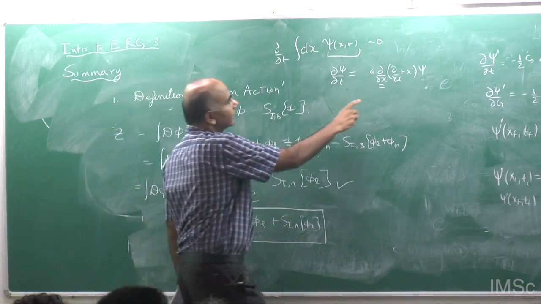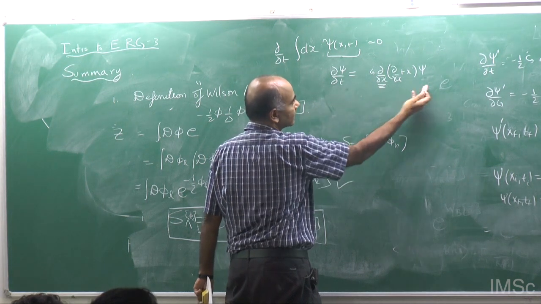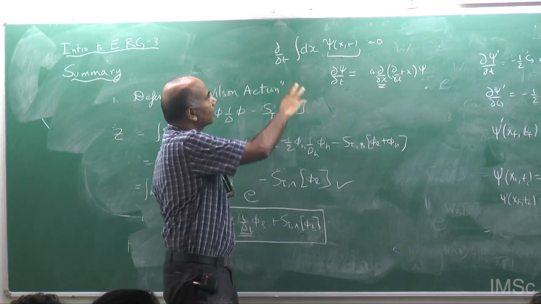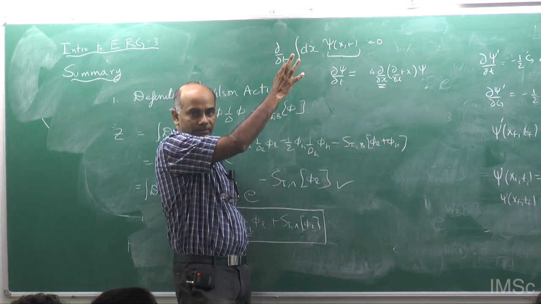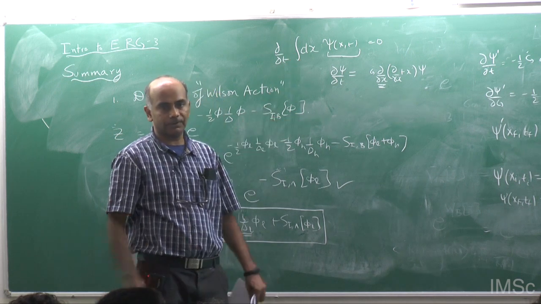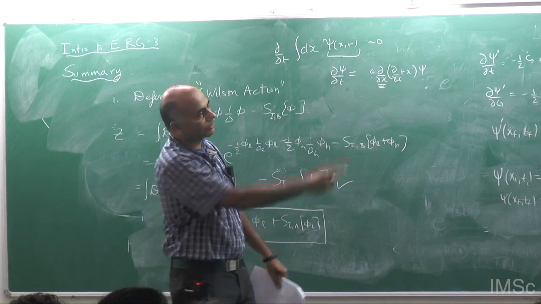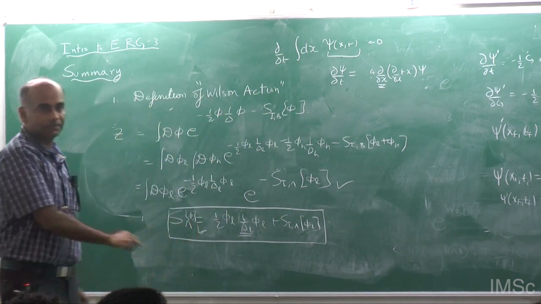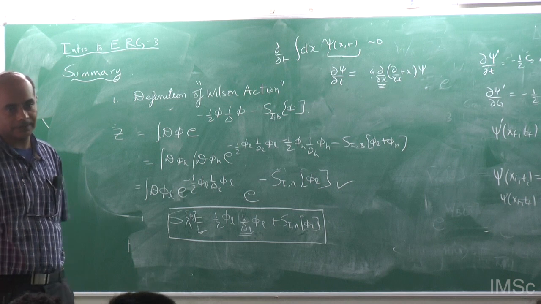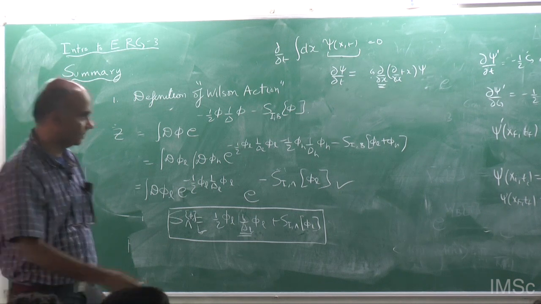By writing the evolution in this form, you're guaranteeing your partition function is invariant. But there's a whole class of things you can write down. Wilson chose one and Polchinski another, but both of them start with that d by dx. So the partition function is guaranteed to be invariant under this evolution.